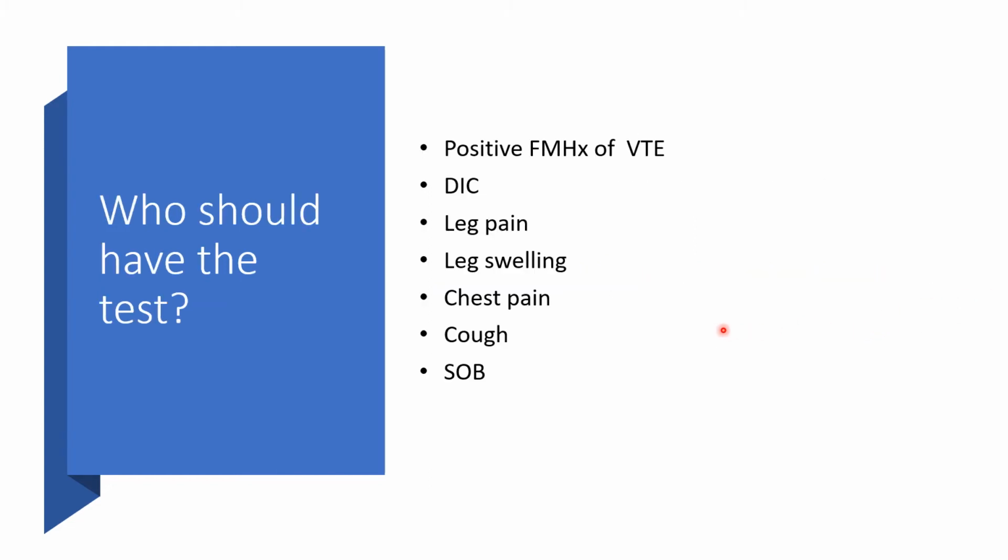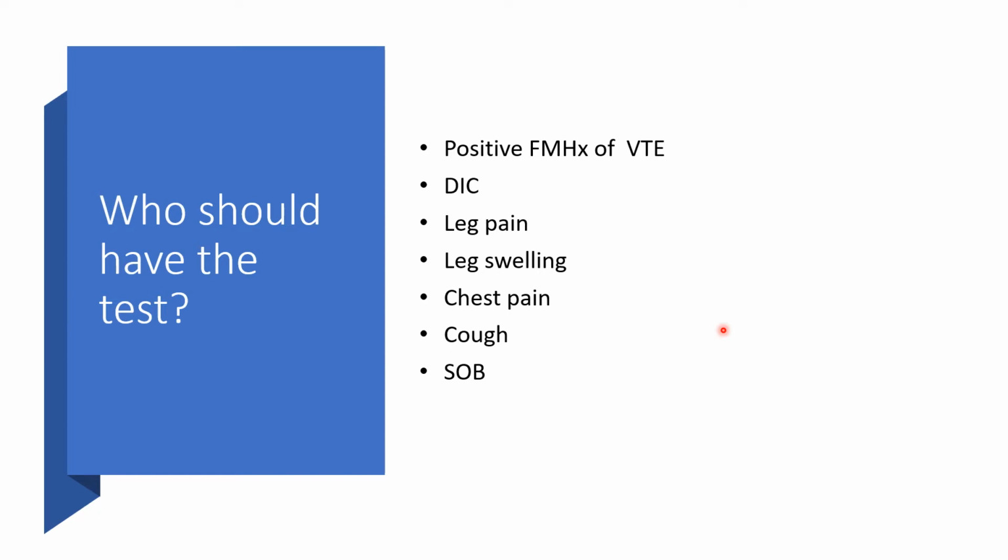Now, who should have a D-dimer test done? When there's a positive family history of venous thromboembolism or the patient is down with DIC right now, go for a D-dimer assay. Patient with leg pain or leg swelling, D-dimer to rule out DVT. Chest pain of unclear etiology, have D-dimer to rule out any thrombus formation somewhere.